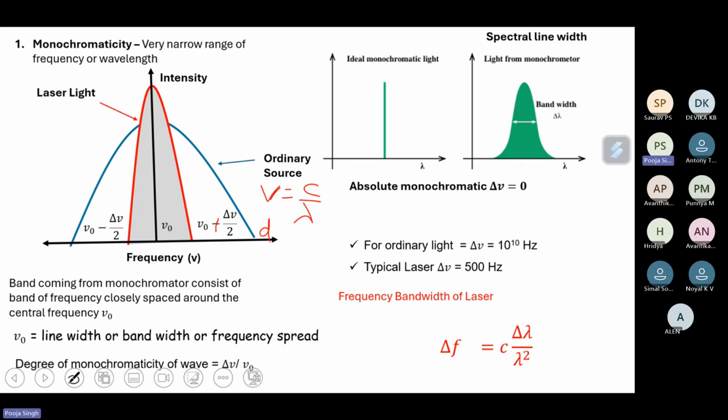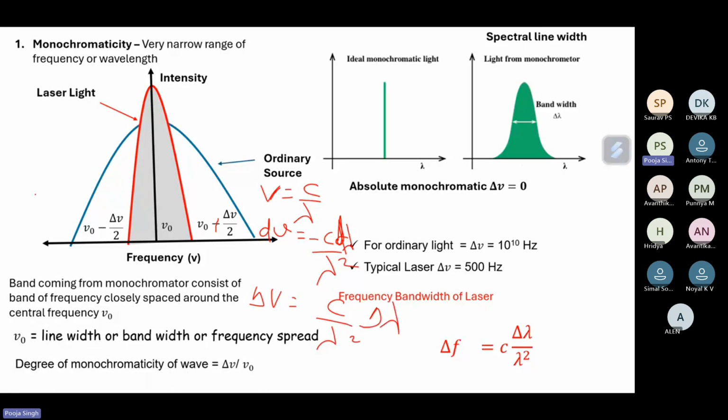If you take the derivative, d nu by d lambda is equal to minus c upon lambda square. You know the derivative, at least you have studied it in mathematics, and you are physics students, so obviously you know. So delta nu is equal to c by lambda square into delta lambda. So you can see that it's nothing else. To calculate the frequency bandwidth, we have just taken the derivative, and now it is validating this formula. Okay, so this is how the frequency bandwidth of the laser comes.